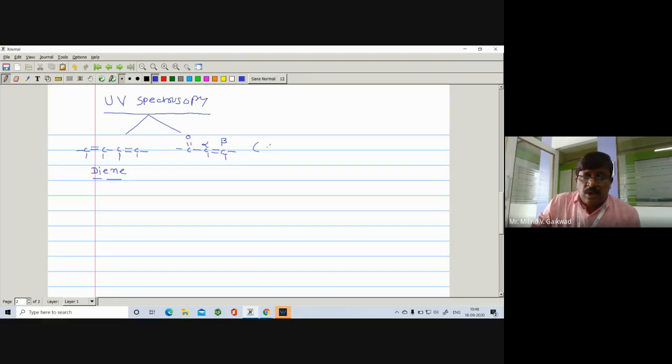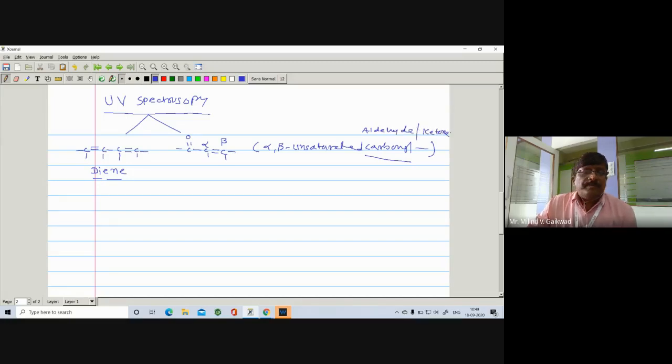So this system is called an alpha beta unsaturated carbonyl compound. This carbonyl compound is generally an aldehyde or ketone.